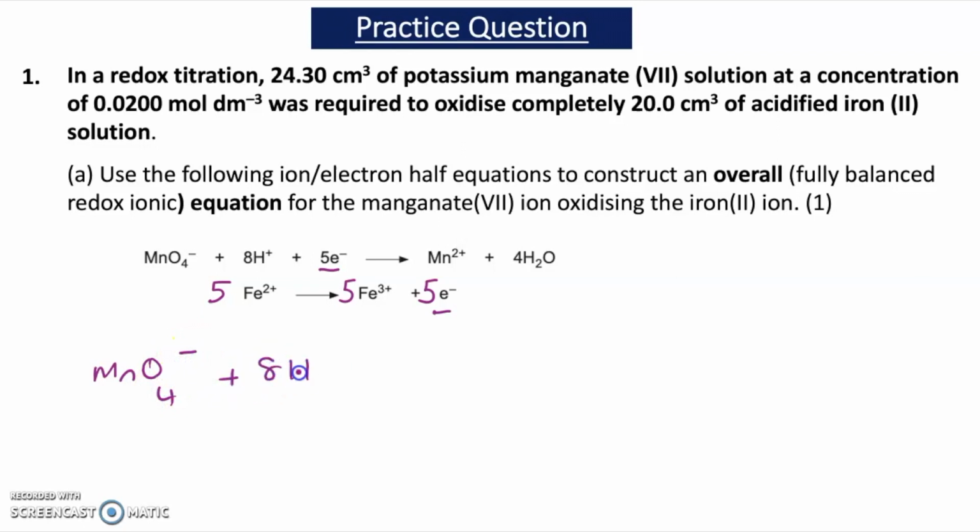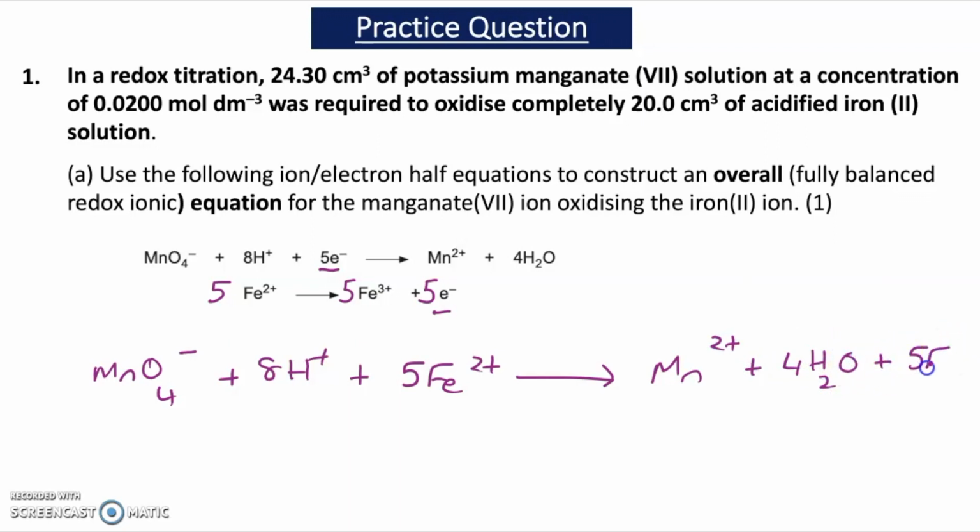So the overall equation is MnO4 1- plus 8H+ plus 5Fe2+ forms Mn2+ plus 4H2O plus 5Fe3+. And if you had that correct, you get 1 mark.